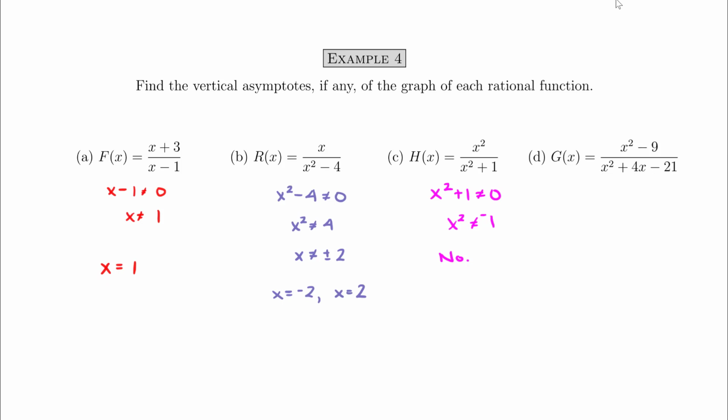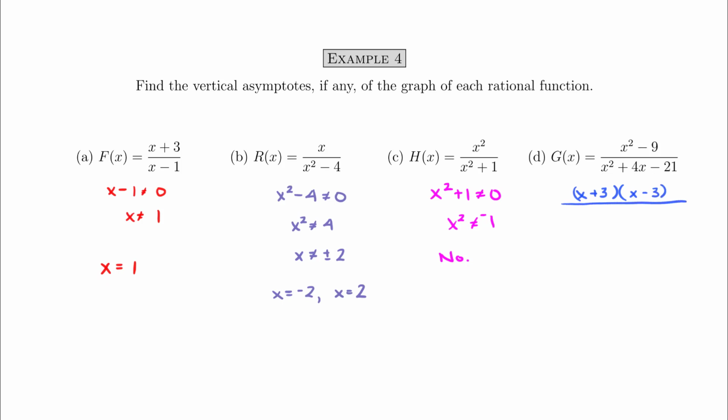And then for part D, this one's a little bit different because one thing we note is that this function may not be in lowest terms. We cannot make any determination about asymptotes unless the function is in lowest terms. The numerator is the difference of two squares, so we know that that factors into x plus 3 and x minus 3.